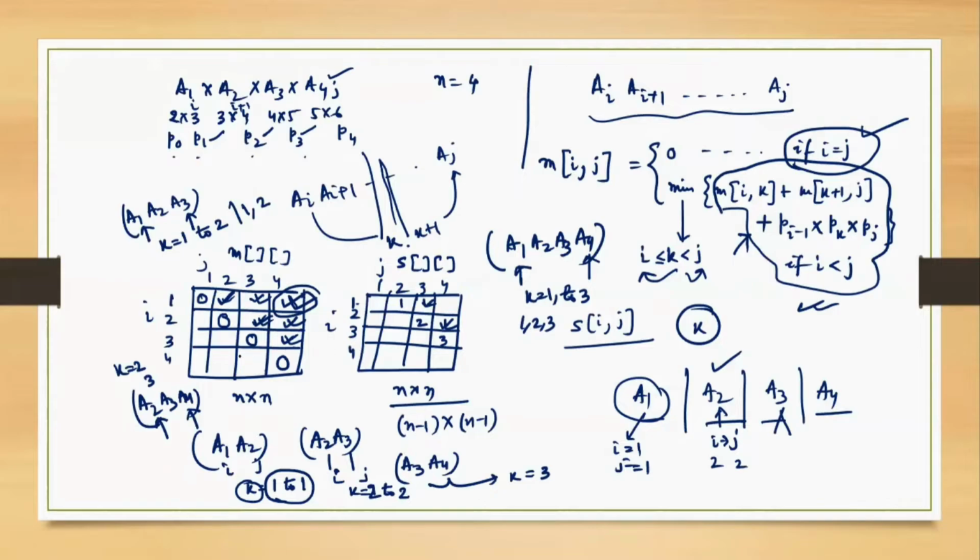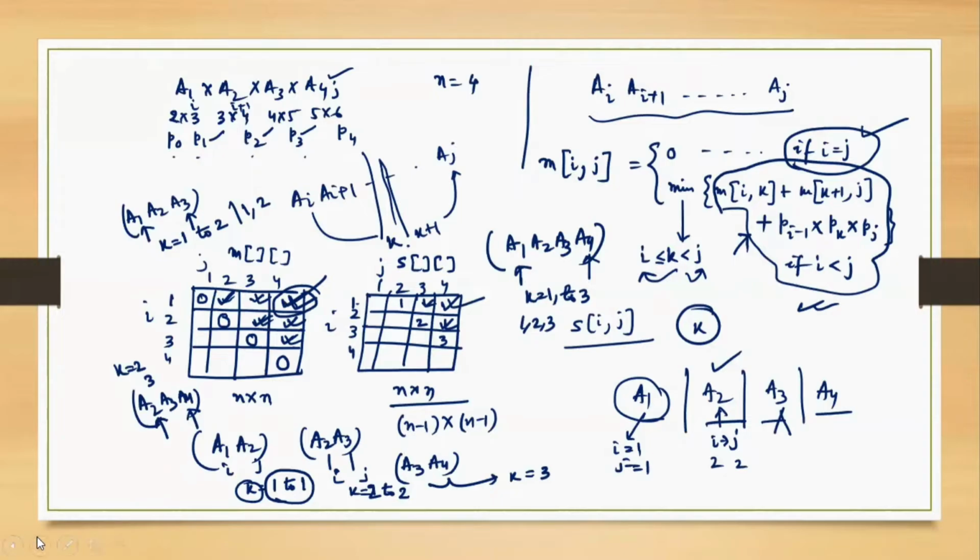The minimum value should be stored here, and for which k you are getting the minimum, that k value should be stored here. So if anybody can solve this problem, they are expecting the result. So the final result, let me write.